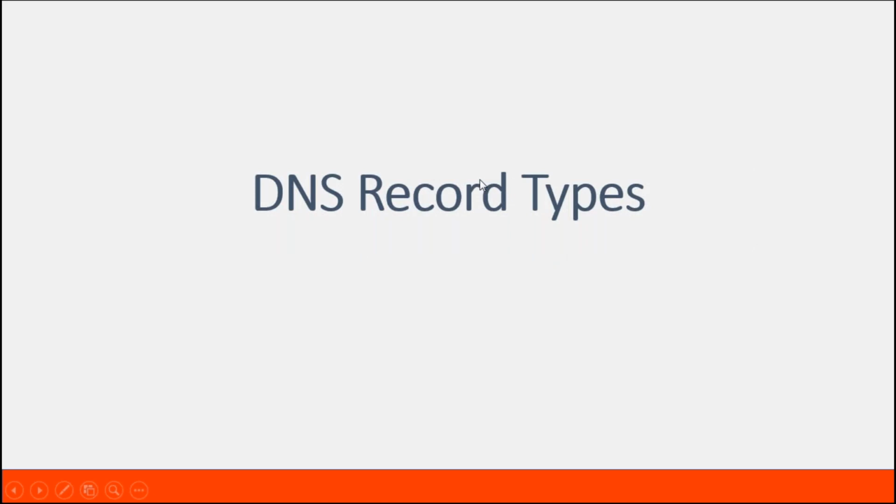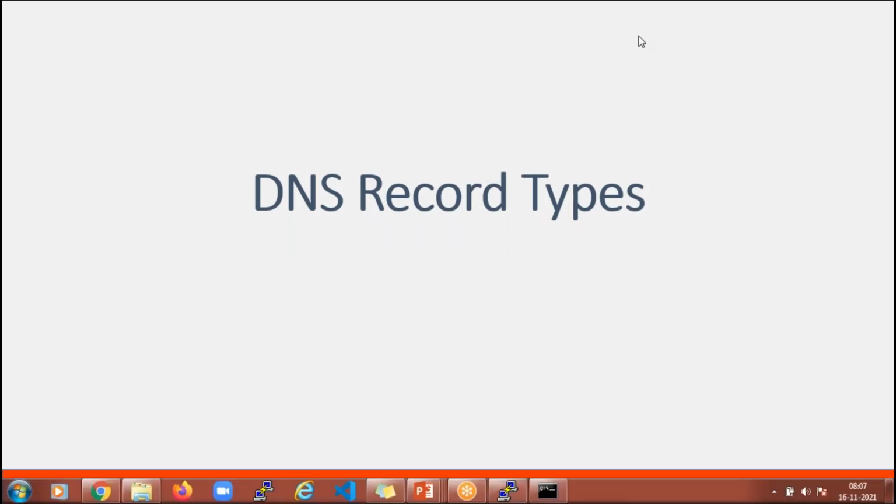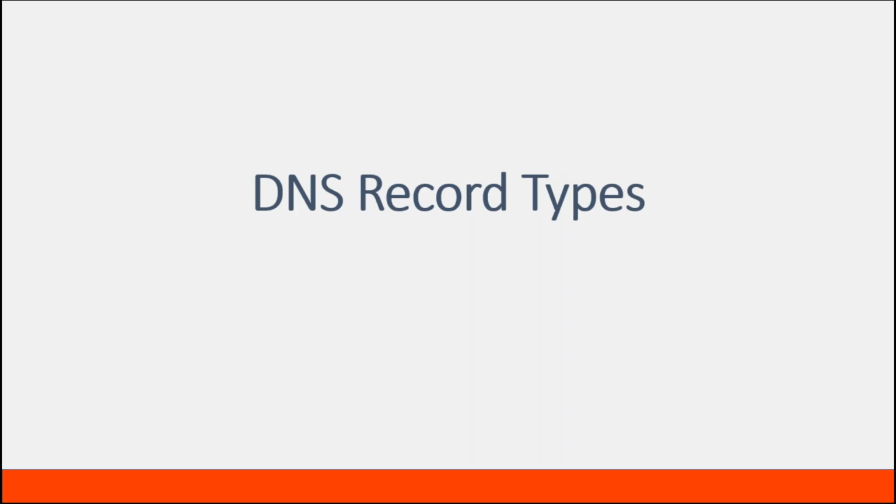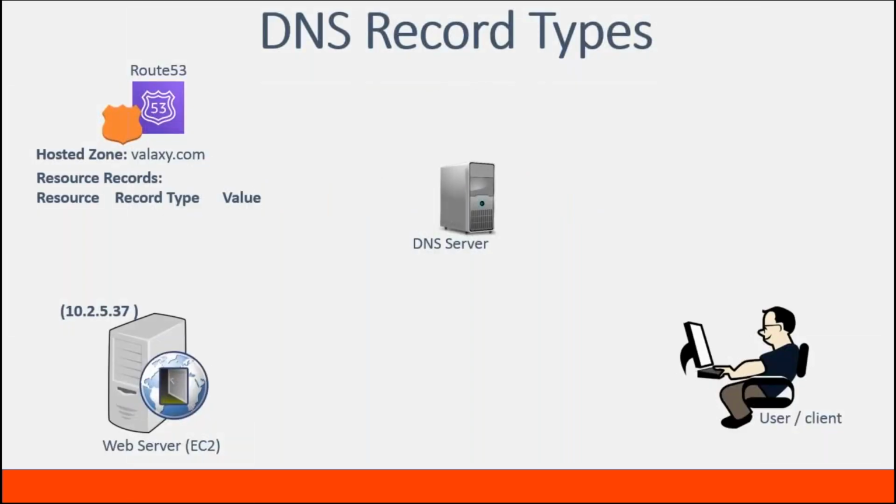So when you are creating a resource record in the domain registrar to store in the authoritative name servers, I'm using these terminologies frequently so that you guys will get familiar with them, right? So this is how it is.